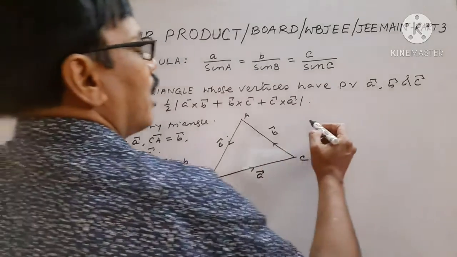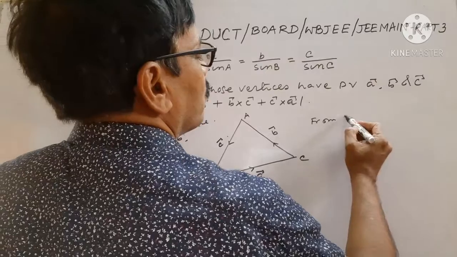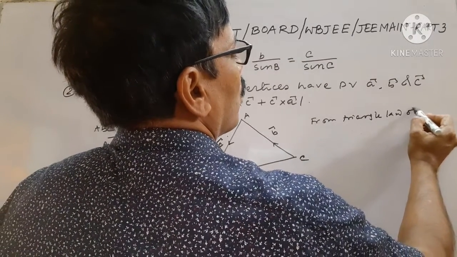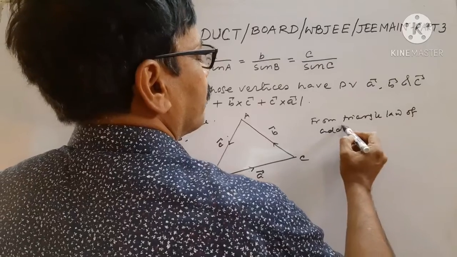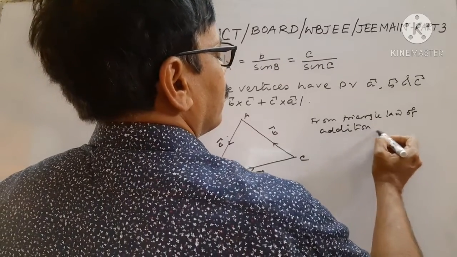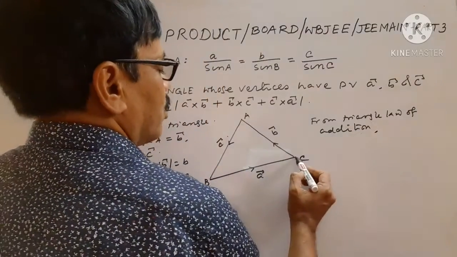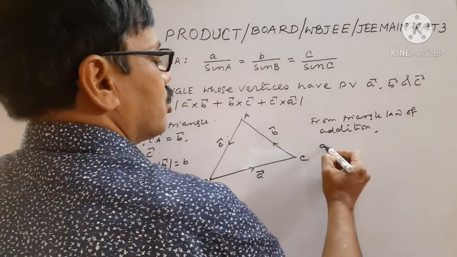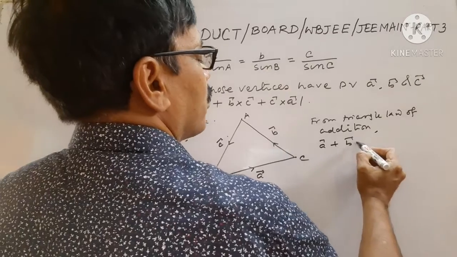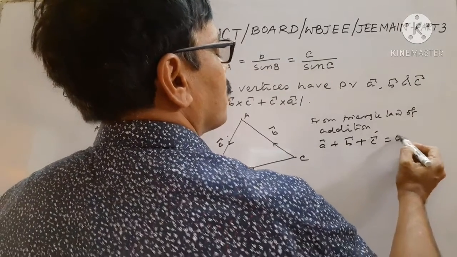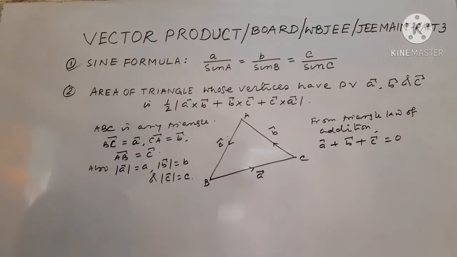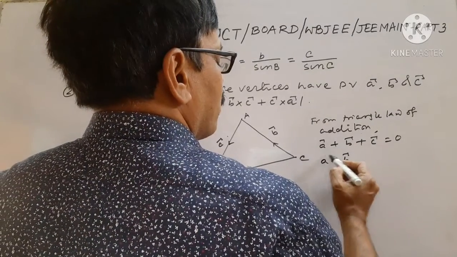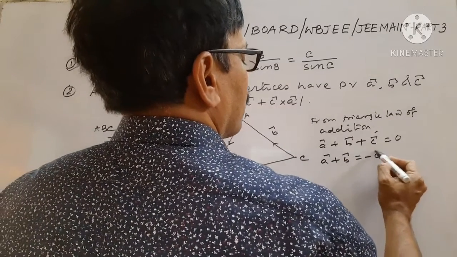Now, from the triangle law of addition, look, A plus B plus C, total displacement is 0. A plus B plus C equals 0. So A plus B equals minus C vector.